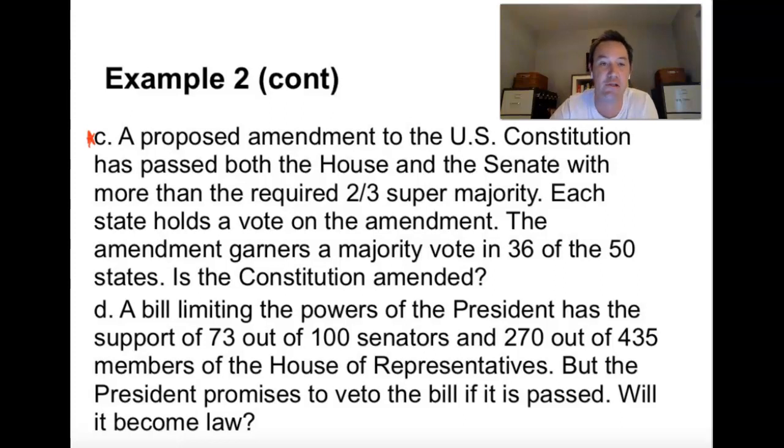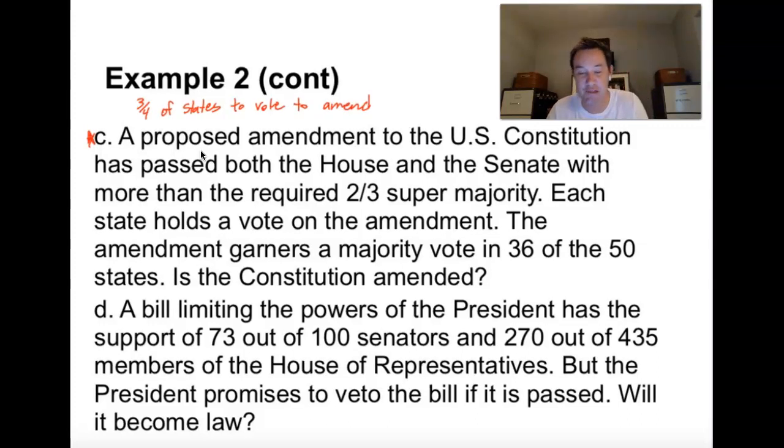Is the Constitution amended? So one thing I hadn't mentioned yet is that we did mention that to amend the Constitution, you need a 2/3 supermajority in the House and the Senate. But what you also need is 3/4 of the states, at least, to vote to amend.